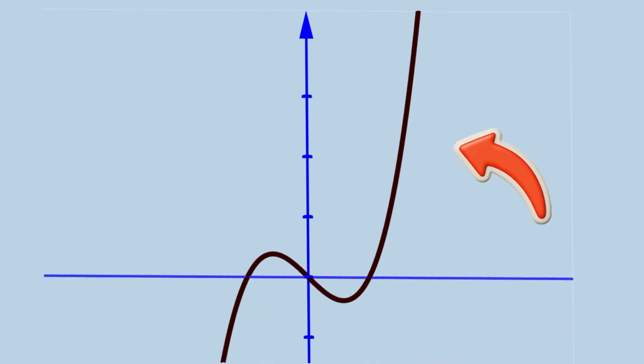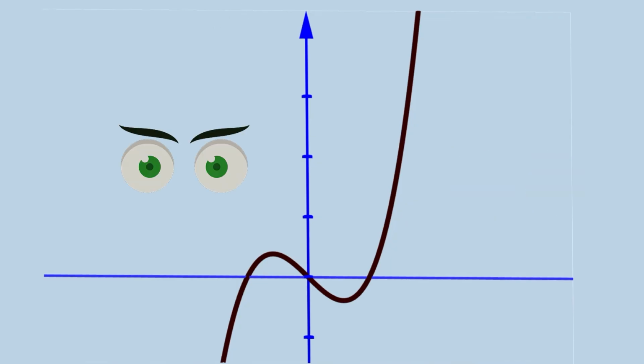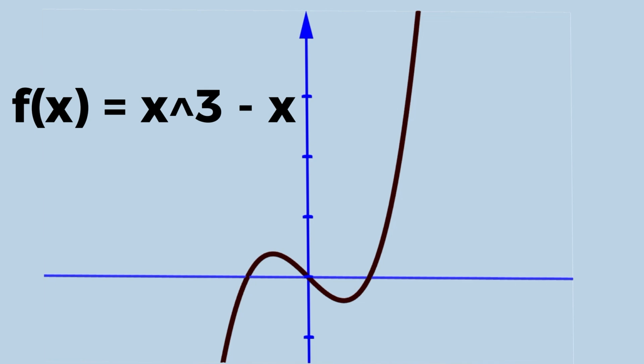Because the first quadrant matches the third quadrant and the second quadrant matches the fourth quadrant. That means everything you see in the first quadrant appears in the third, and everything in the second appears in the fourth. That is enough to conclude that the function is an odd function. This shape corresponds to the function f of x is equal to x to the power of 3 minus x.